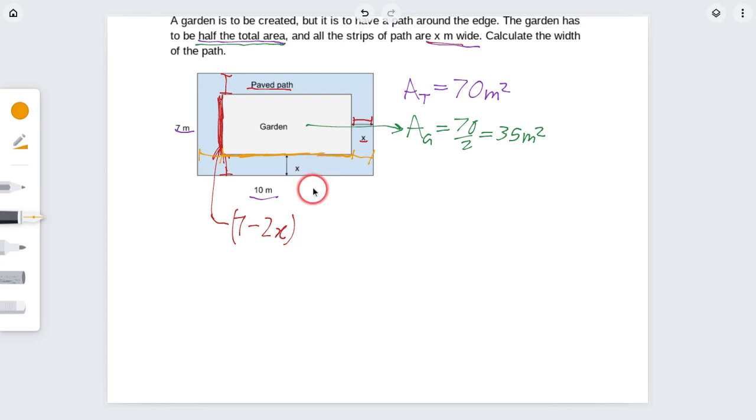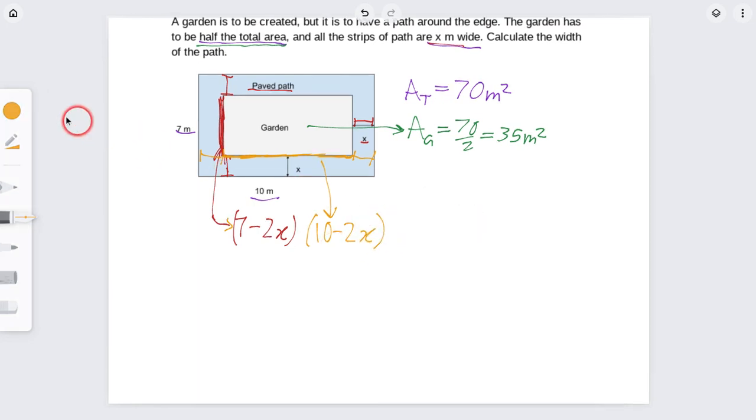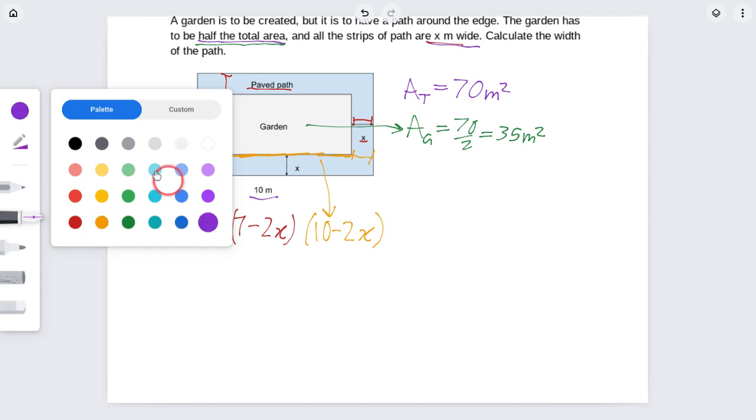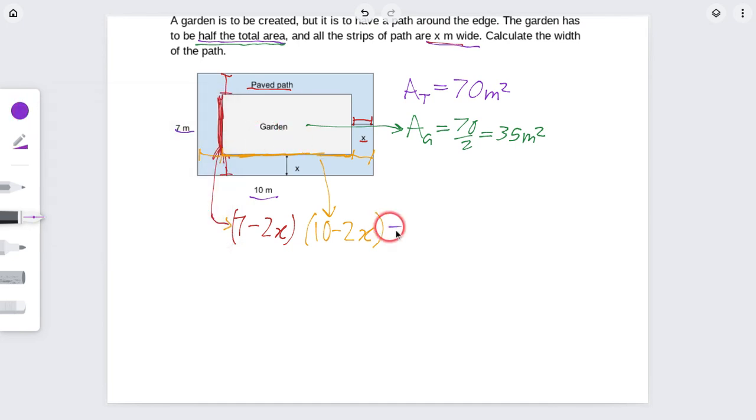So this one right here is going to be 10 minus 2x. And this whole thing is equal to 35. I should have done it in green, but it's totally fine.